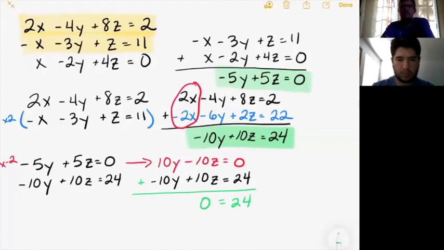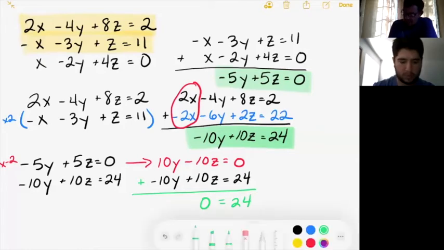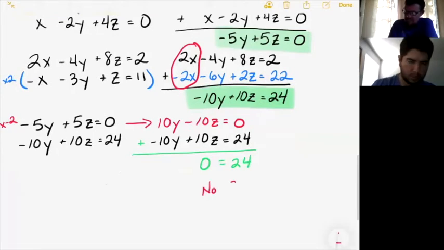What does that mean? 0 equals 24. Where'd all my variables go? Oh, it means there is no solution. Exactly right. When your variables go away and you're left with nothing, that is no solution.